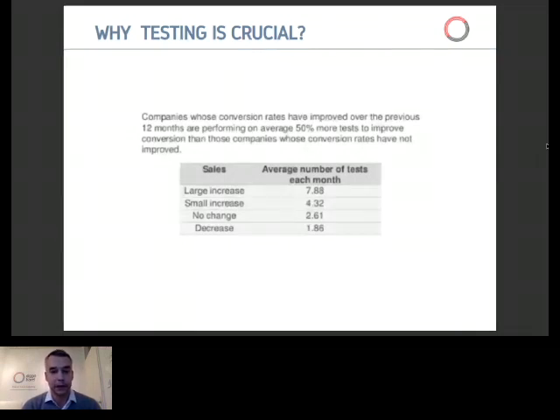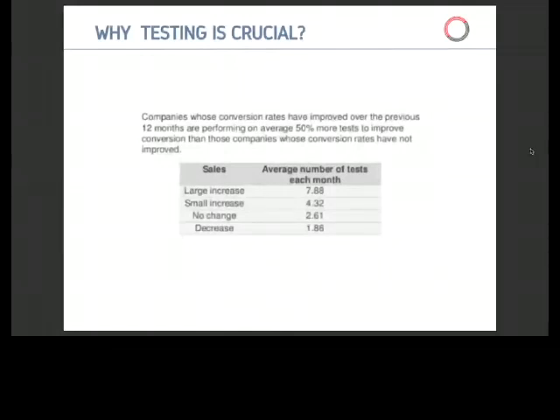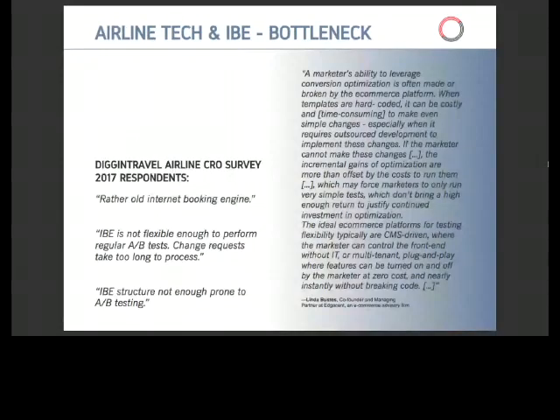However, on the other hand, there are a lot of airlines that struggle with testing, and we tried to identify the main reason why this is happening. When we asked people what is limiting them in their testing, the main reason they identified was the technology and the booking engine.